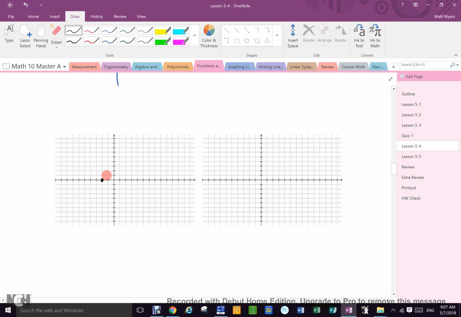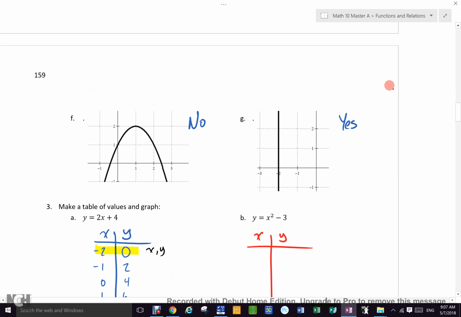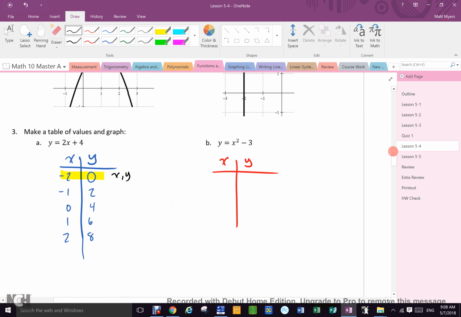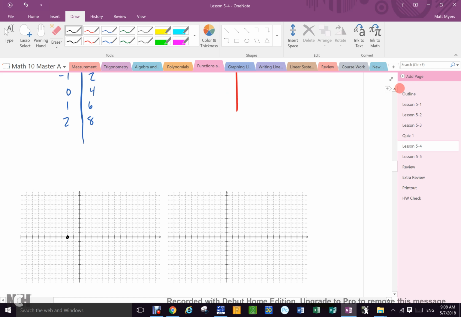For some reason, that is a complicated step. Is it complicated to any of you? All of you understand that this point of x -2, y 0 is this point on the graph. Great. What's the next point on the graph?